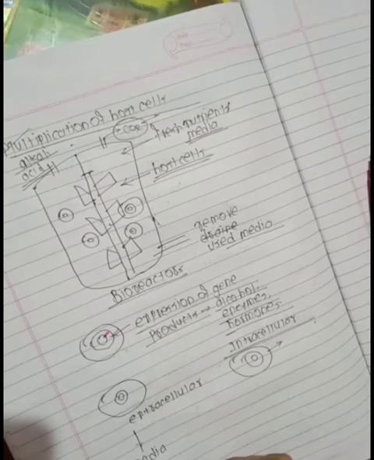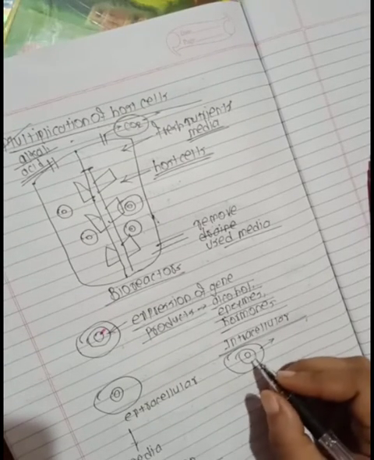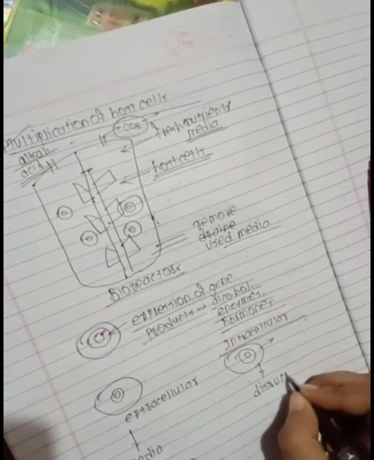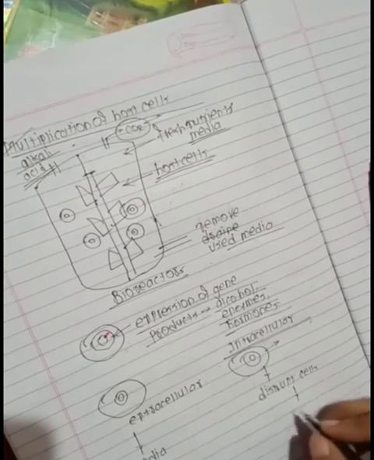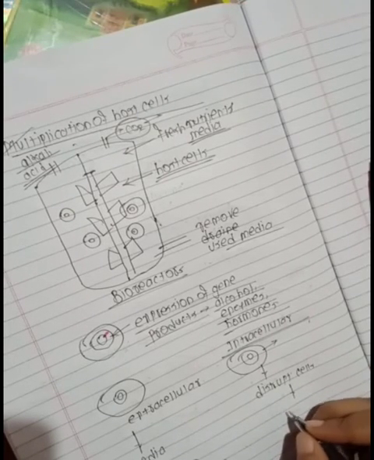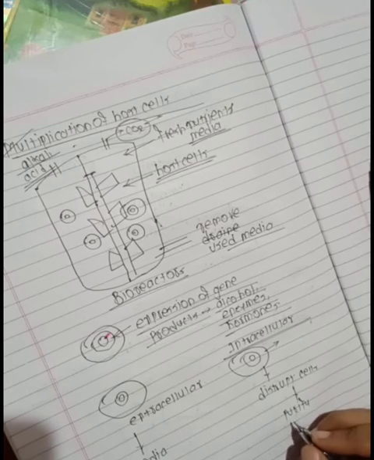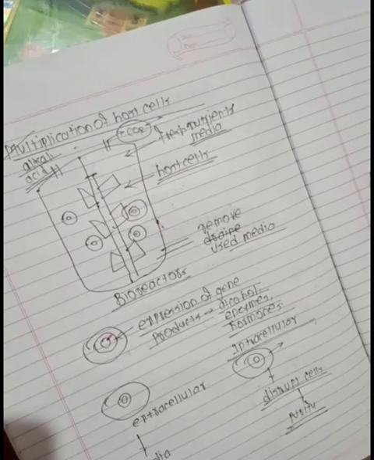Purification is also important. Whenever the product formed is intracellular, you have to disrupt all the cells, and then purify the protein, enzyme or hormone out of the cell. Clear, students?